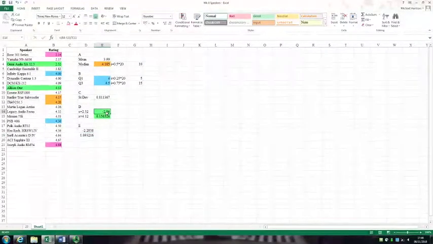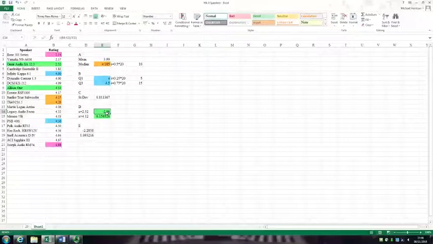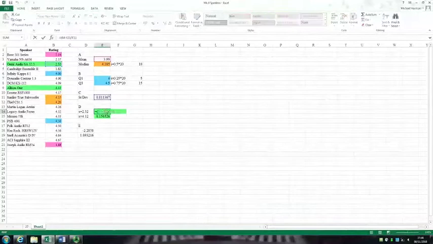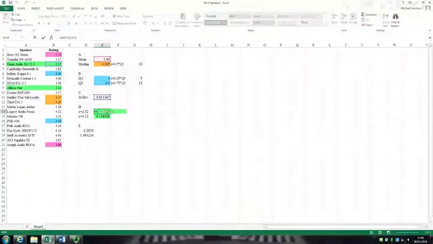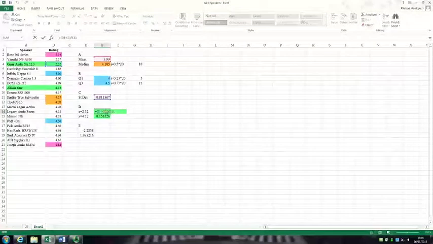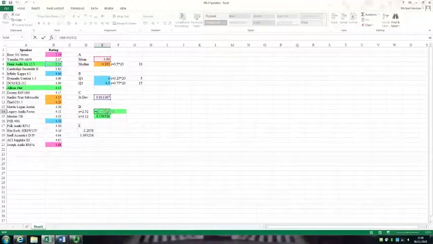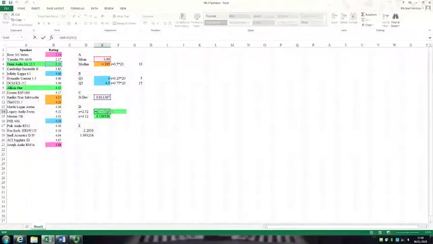So, here we may conclude that we do not have any outliers in our data set. This means that every observation is within 3 standard deviations of the mean.